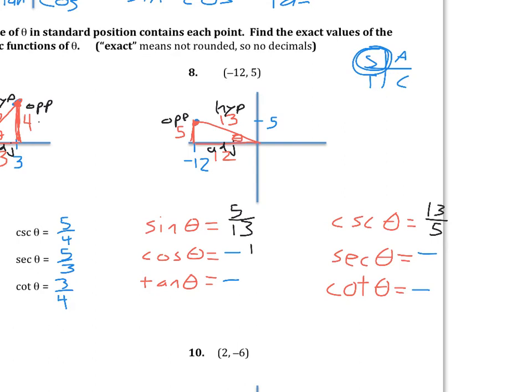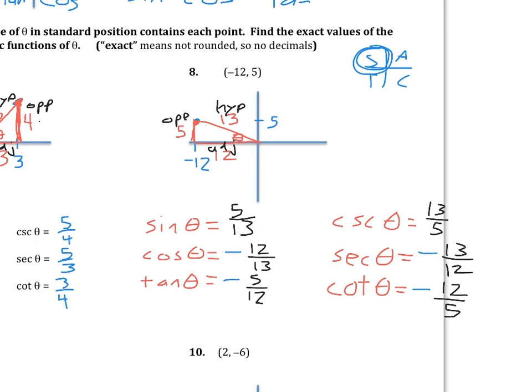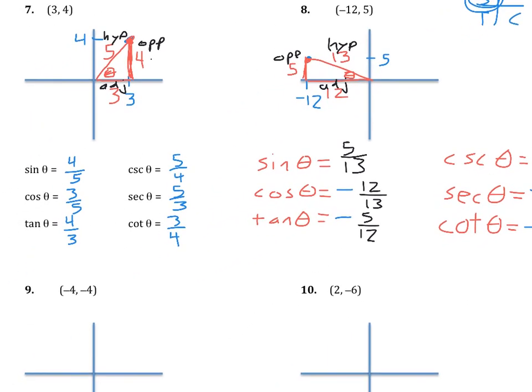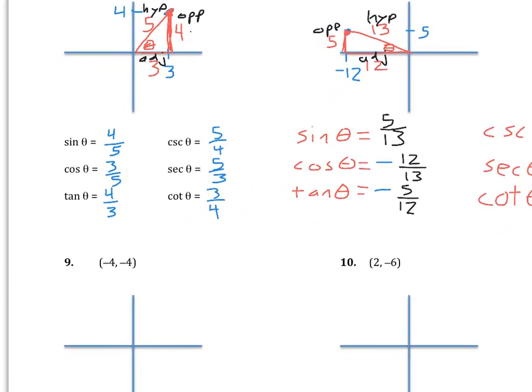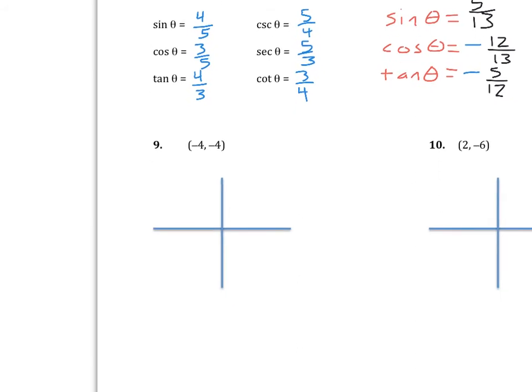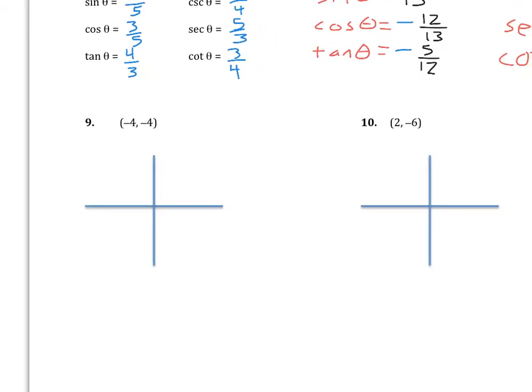Cosine is adjacent over hypotenuse. So secant has to be negative 13 over 12. Tangent is opposite over adjacent. And cotangent adjacent over opposite. Alright, so we did one in quadrant 1, one in quadrant 2. Looks like number 9 is in quadrant 3.